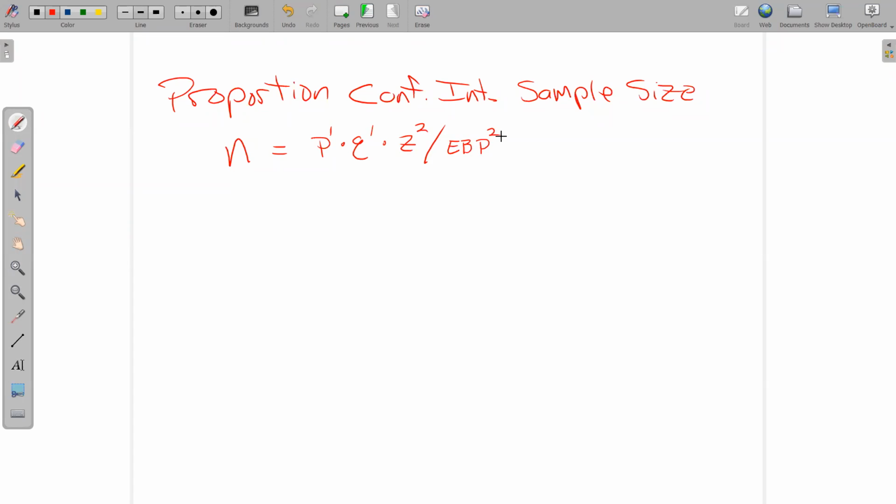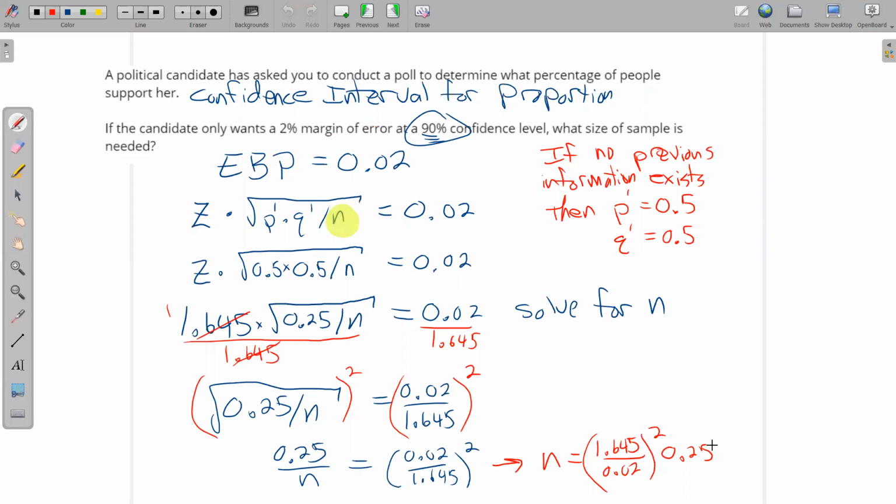So I wrote it a little bit different than when I solved that equation, but let's just double check that it compares to what I solved back there. The p prime times the q prime, that's where the 0.25 came from, right? 0.5 times 0.5 is 0.25. That z-score, the 1.645, ended up on top and it was squared, and the margin of error the candidate wanted ended up on the bottom and it was squared.